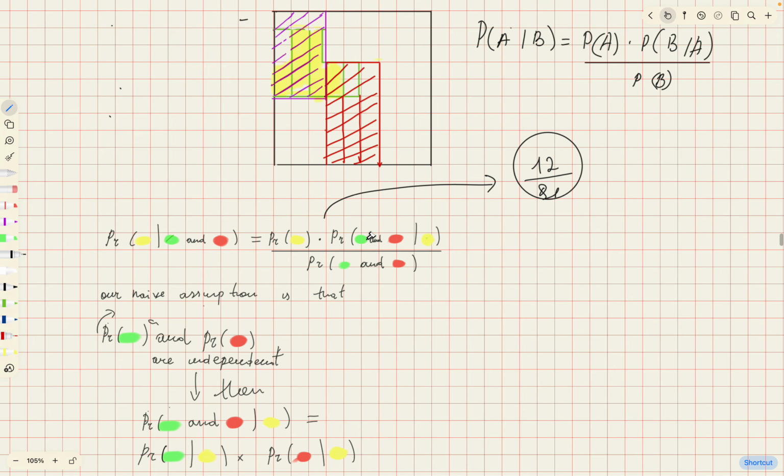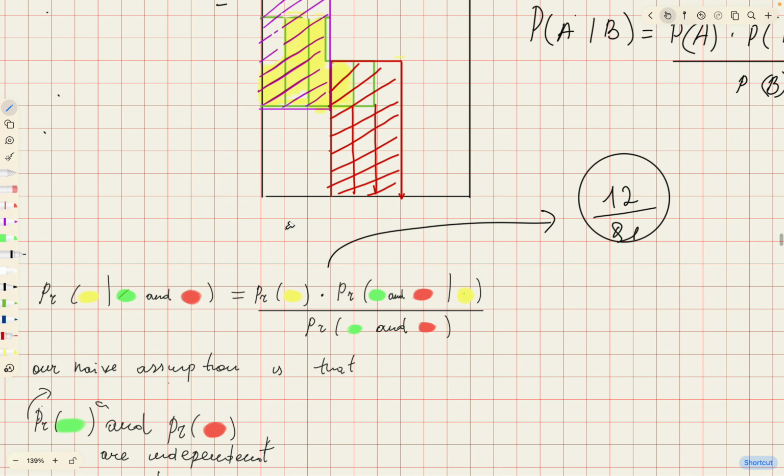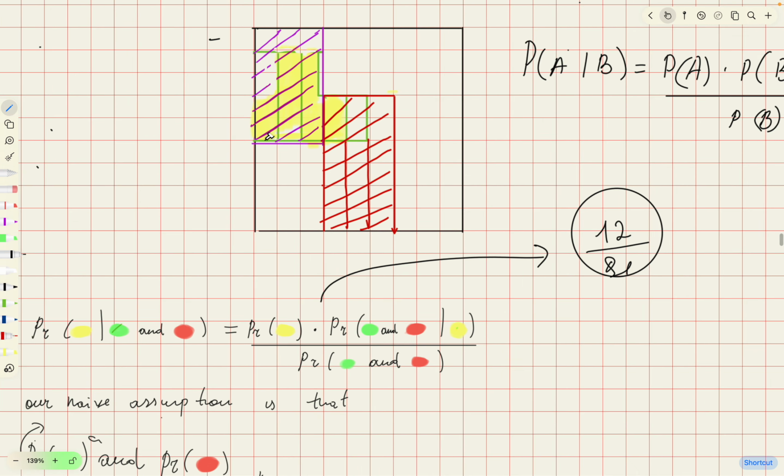We can do the same thing for the probability of green and red, given that it's yellow. We look at the yellow squares, and there are 12 in total.